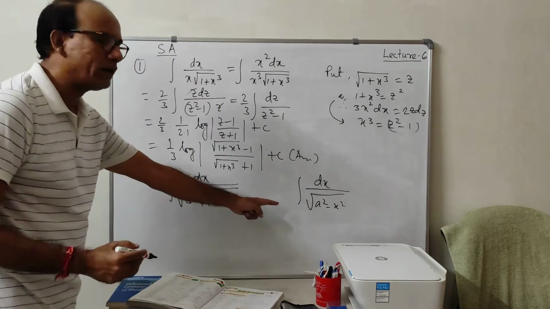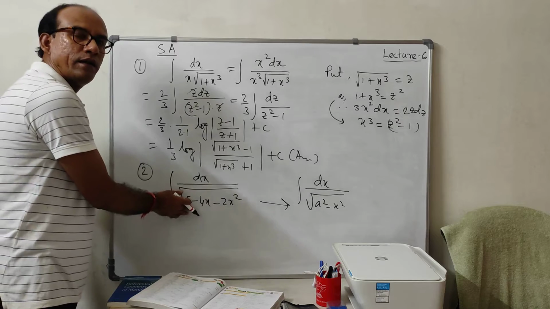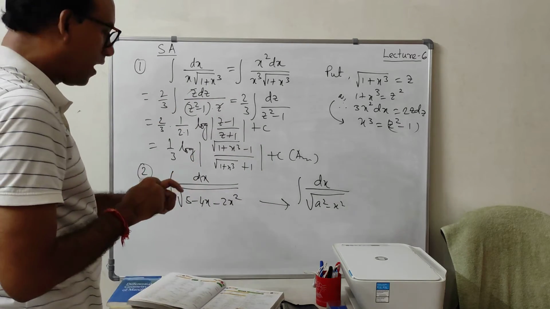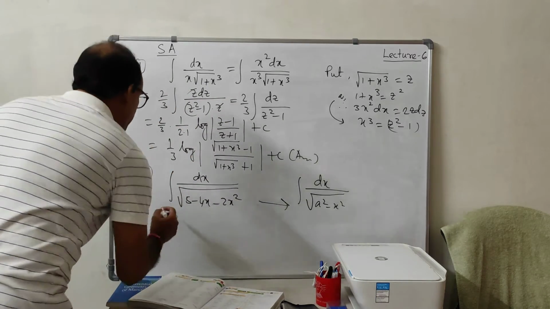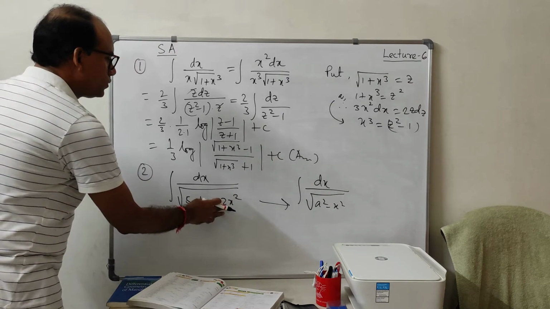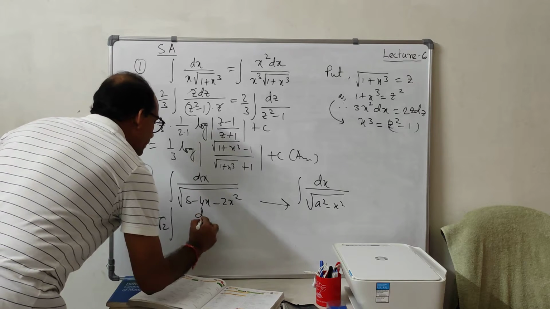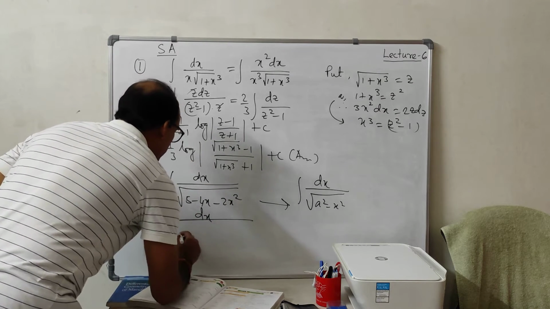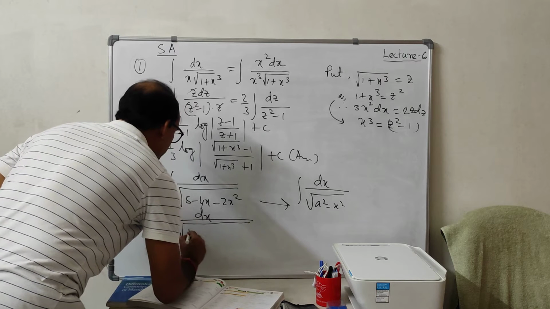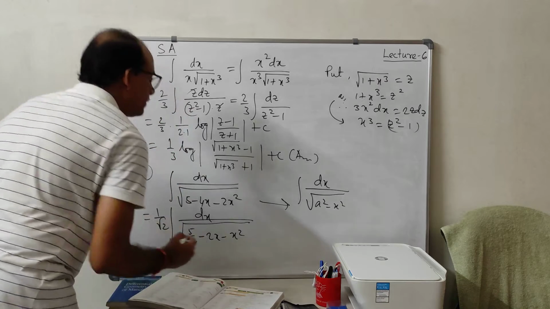So you have to bring this style from this integral. See how you can do that. First, take the 2 out. That is 1 by root 2 integration dx by root over of 5 by 2 minus 2x minus x square.